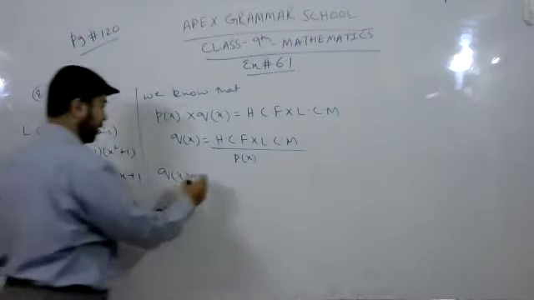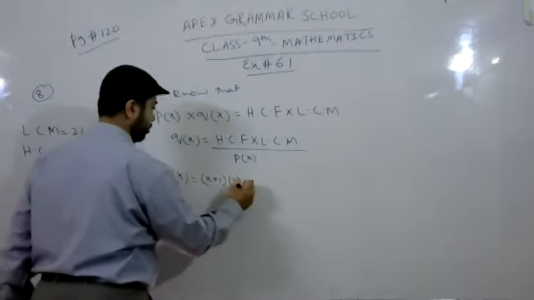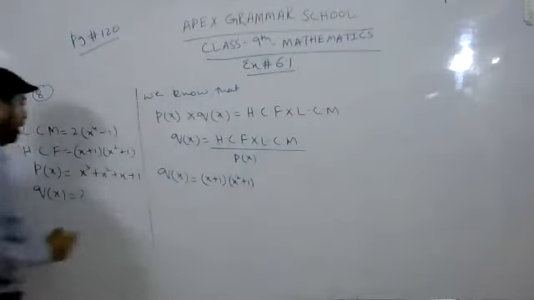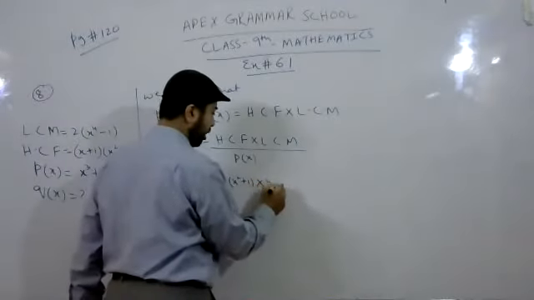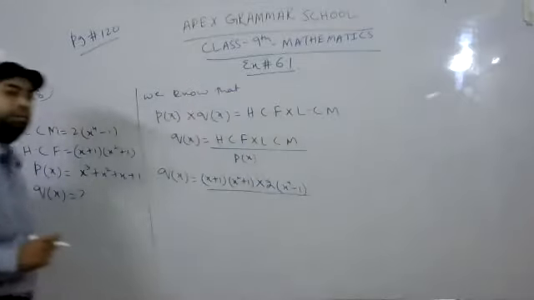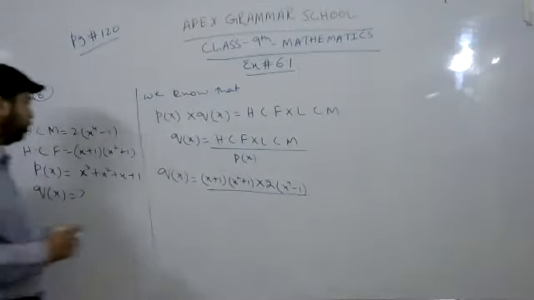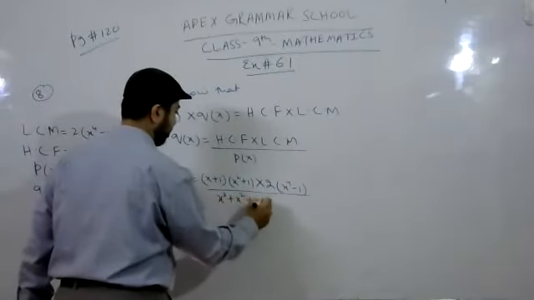HCF is x plus 1 into x square plus 1. And LCM, that is 2 multiplied by x to the power 4 minus 1. And in the denominator, P of x, that is x cubed plus x square plus x plus 1.